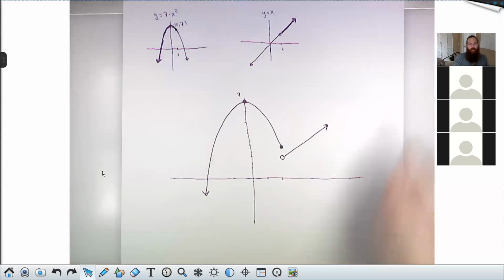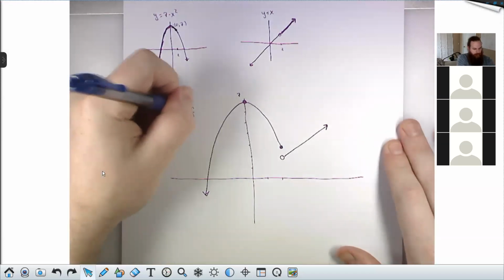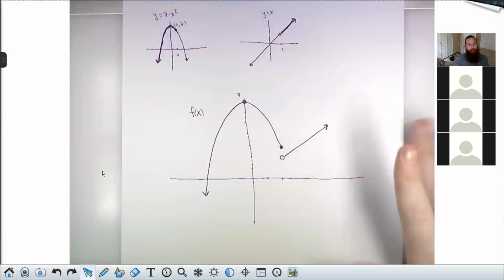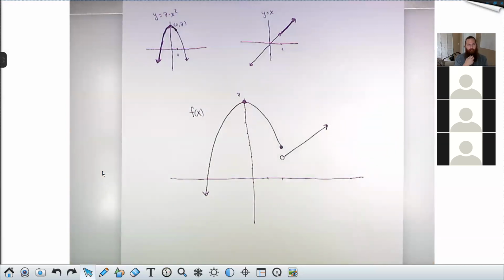I feel like we can see the connection there. So draw the pieces individually and then figure out which part of each piece you want to keep, and then stitch those two together.